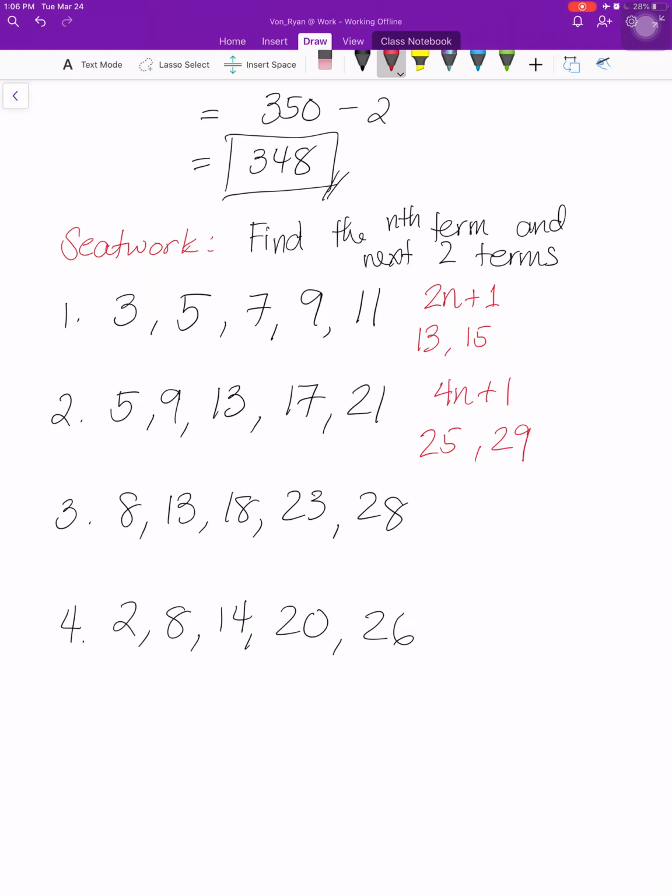The next one is 5n plus 3, and it's 33 and 38. And then the last one is 6n minus 4, which gives you 32 and 38.